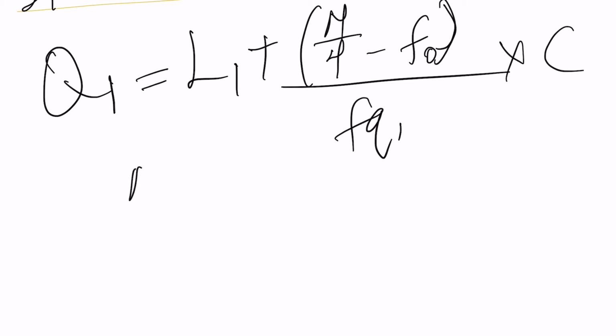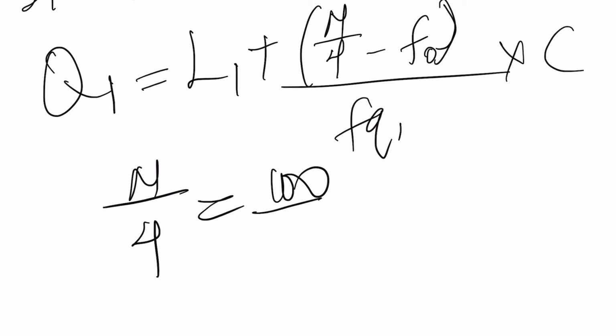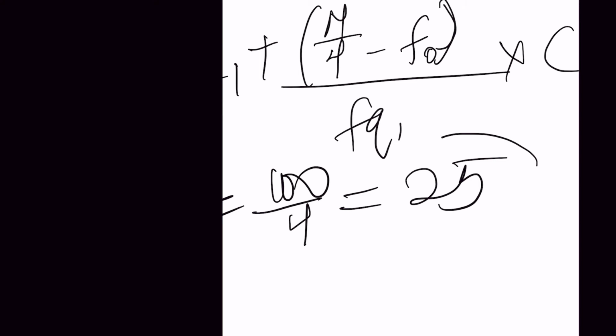So for our N over 4, we have 100 over 4, which is 25. Now, for the lower quartile class, 25 falls in 14 to 15 with class boundaries of 13.5 to 15.5.